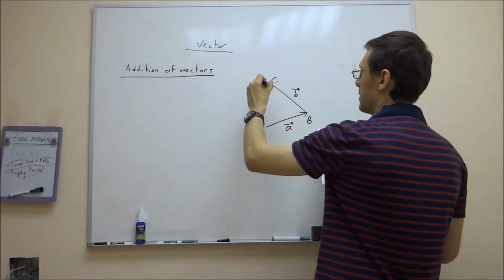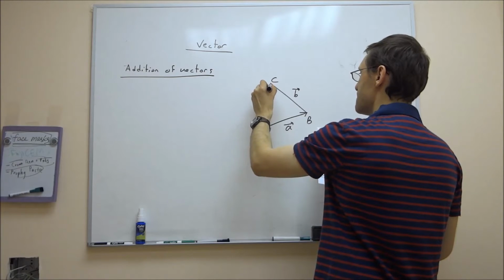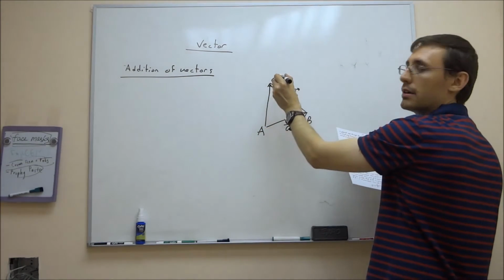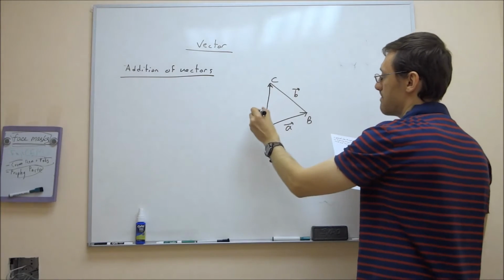So by what we just said before, this vector here is A plus B. Right? A plus B.